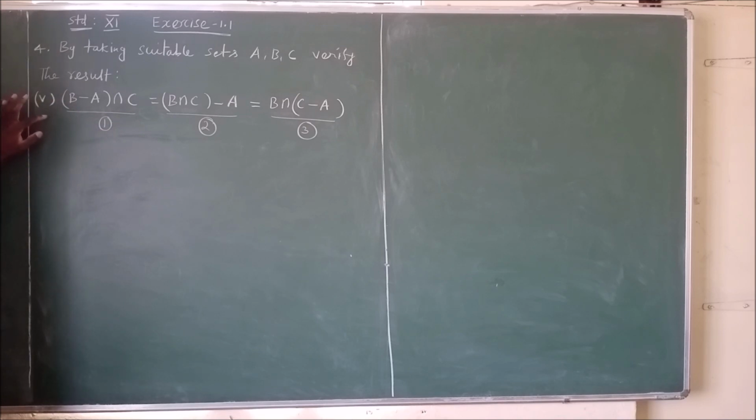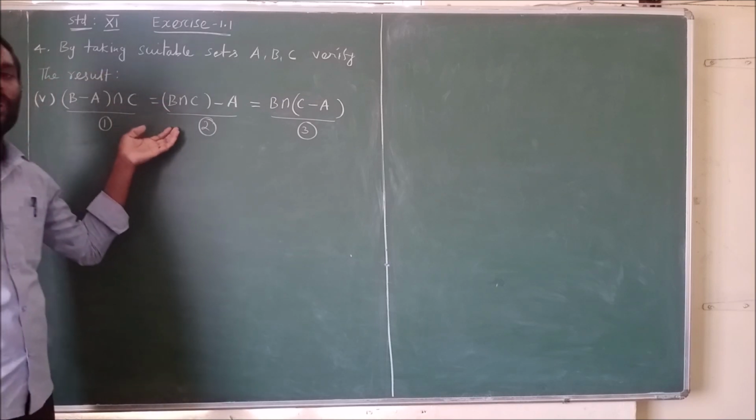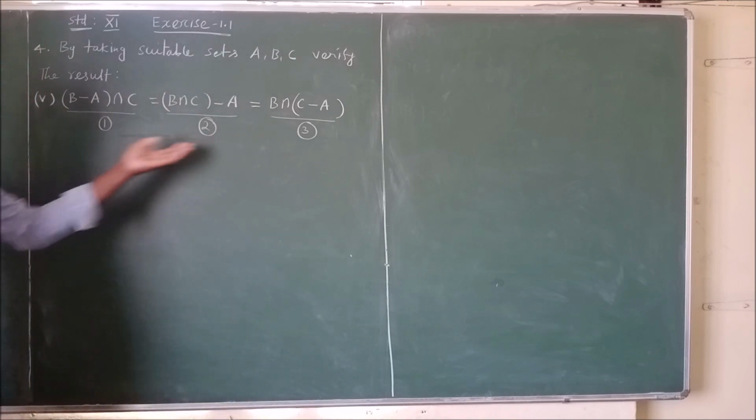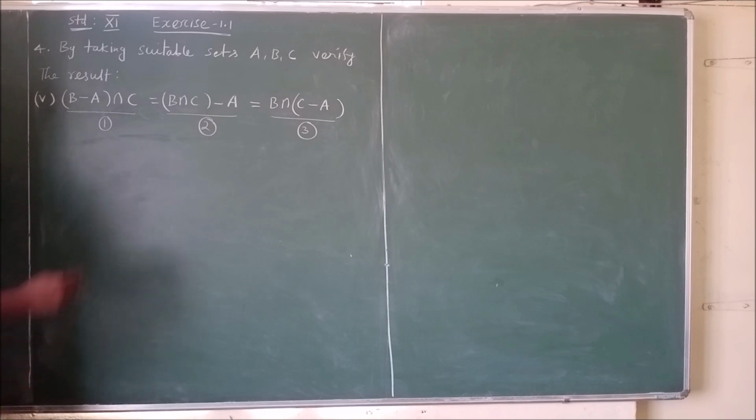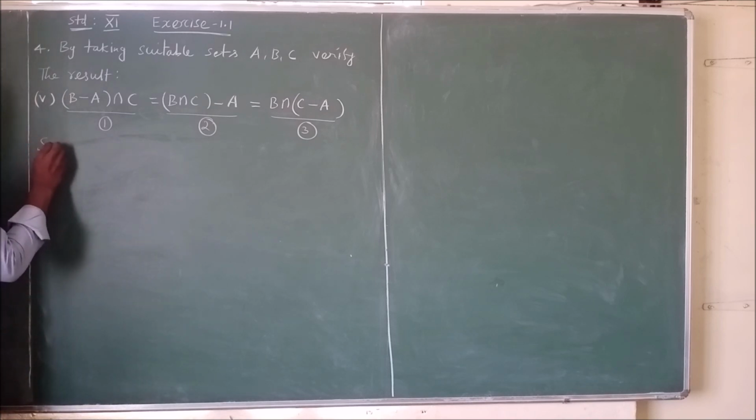It is clear how to verify? We find the first value, second value, and third value. If the three values are equal, then the result is verified. So first we have to find them. Let us see the solution.